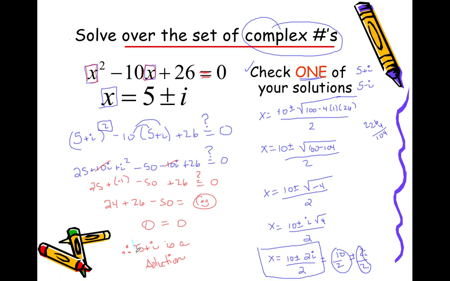Store that in alpha A. Then on your home screen, type A squared minus 10A plus 26 and see what you get.